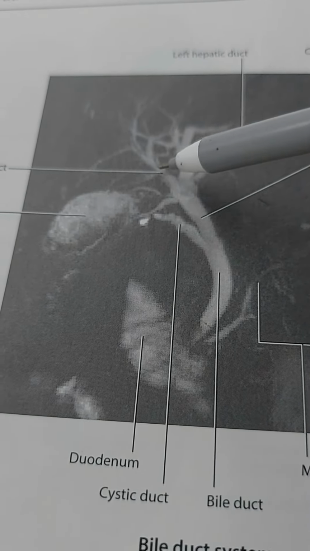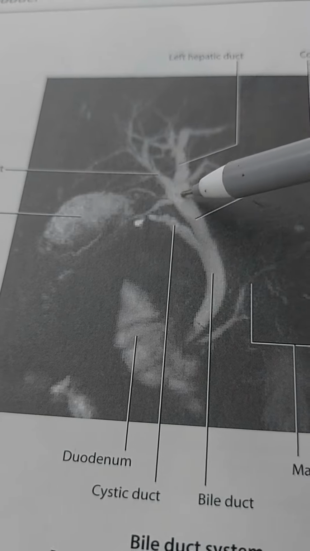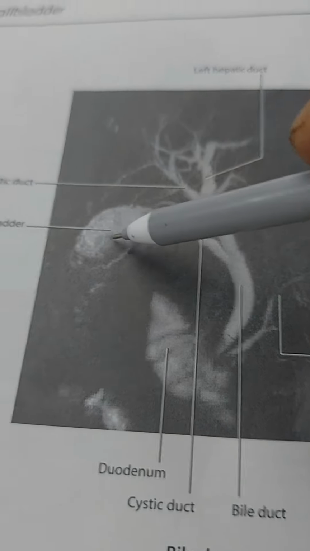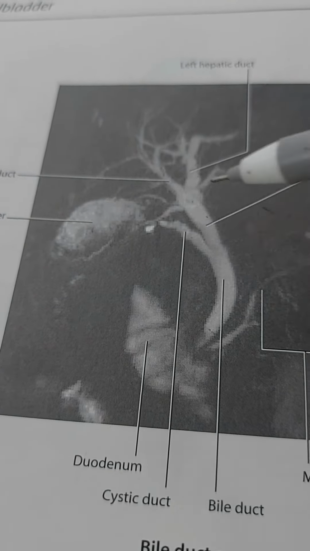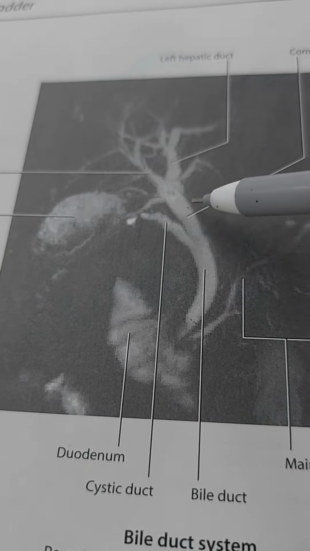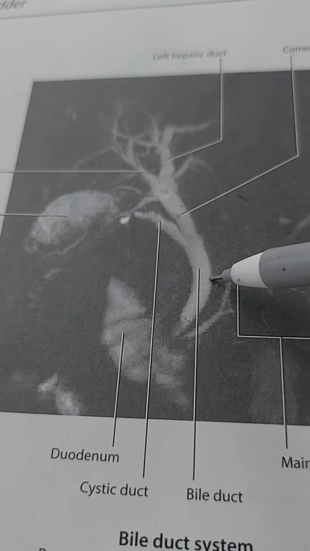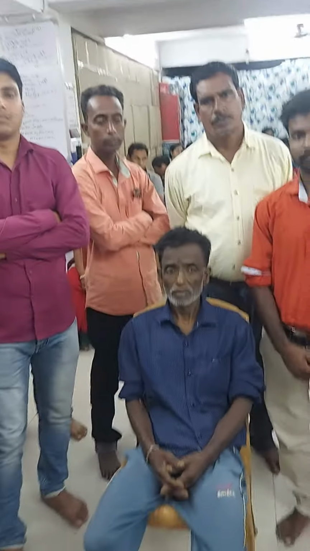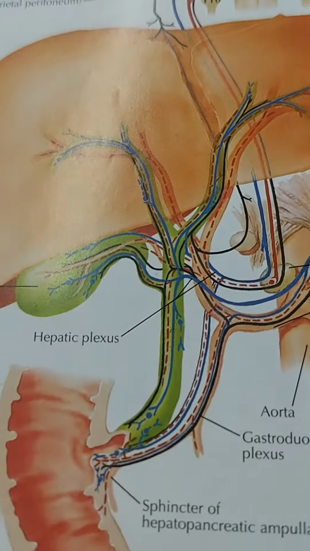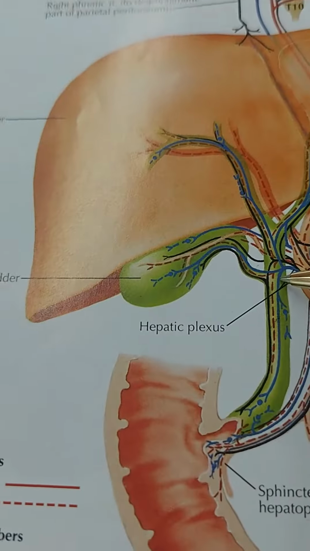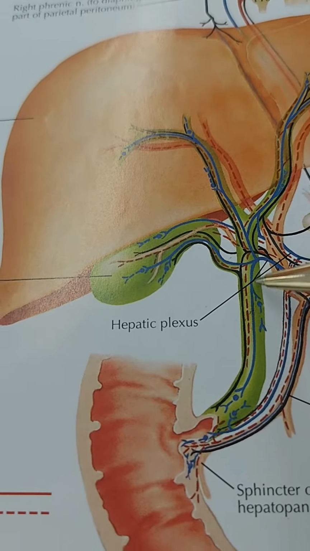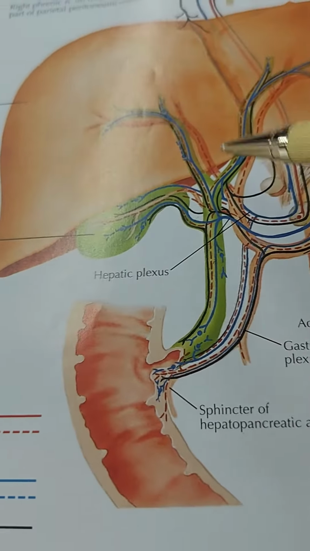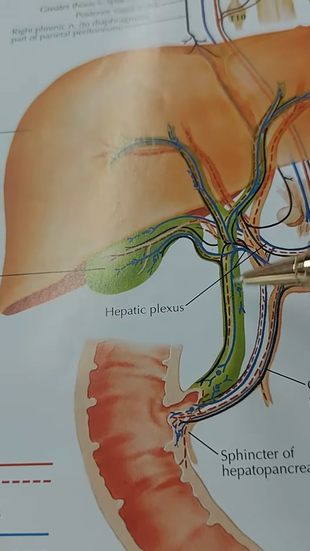Two hepatic ducts, common hepatic duct, gallbladder, cystic duct, joining of the hepatic duct and cystic duct, this is the bile duct. So, a very sad case. Tumor or growth in the common hepatic duct, in the bile duct.